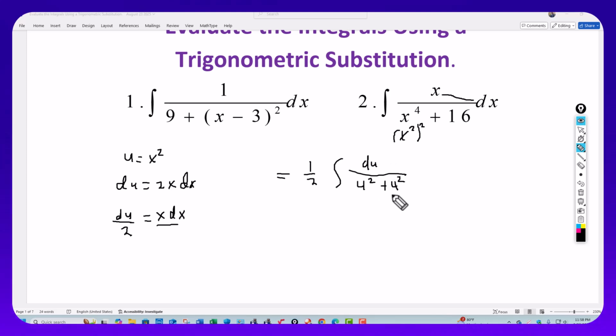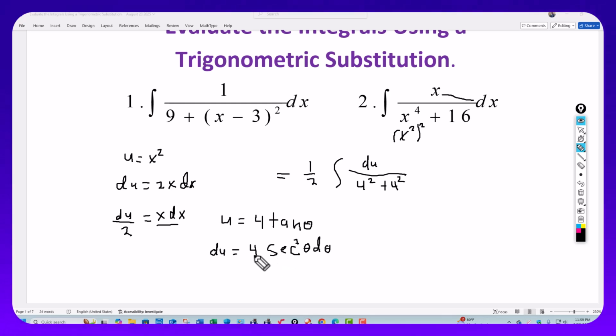Now we can go to trig substitution using the function tangent. Let's say u equals 4 tangent of theta, because 4 squared is 16 and the variable is u in this case. So then du, now we're making the transformation from the variable u to the variable theta, will be 4 times the derivative of tangent, which is secant squared theta d theta.